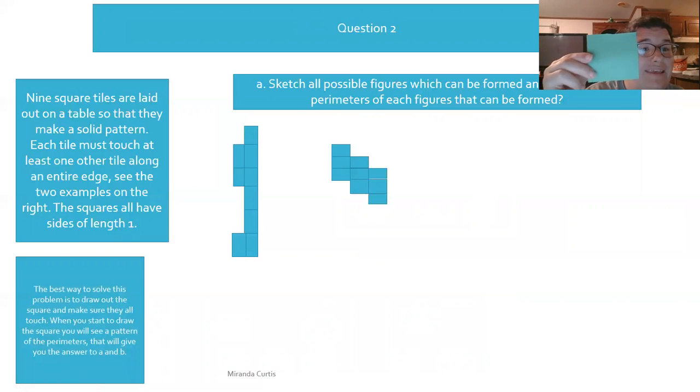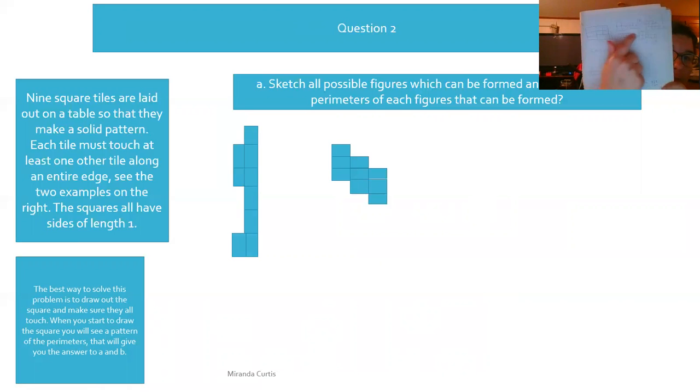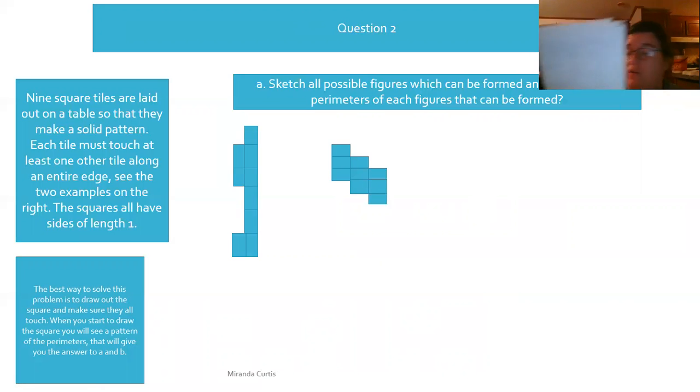But if you forget what you drew, it sort of doesn't help you, but it can. If you draw the figures on your paper, like I did here, you have each one, and you keep going like this until you've done every single one.